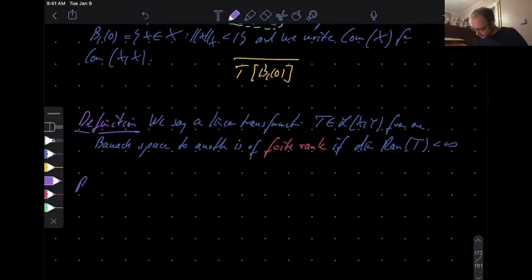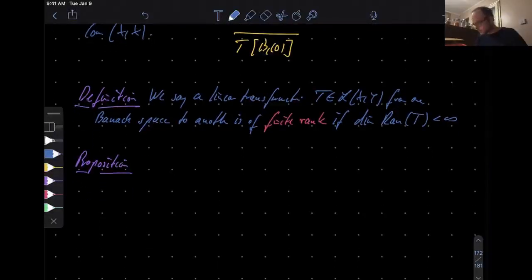For now, we will need an equivalent characterization of compact linear transformations besides this definition. It will be useful to have a sequence criterion, but it shouldn't come as a surprise because of what I said at the very beginning: compactness is equivalent to sequential compactness, meaning certain sequences have convergent subsequences. So the following is not such a surprise.